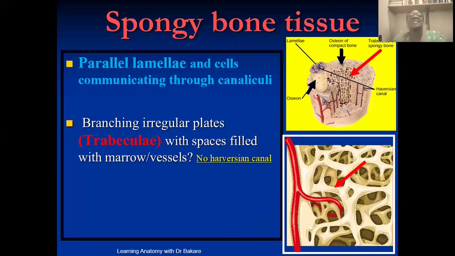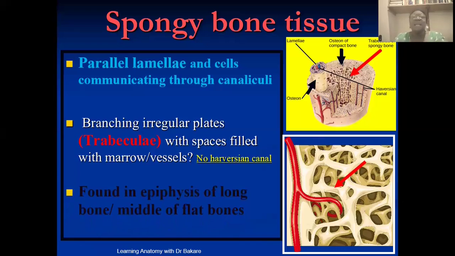These two forms of bone have the same components, but the pattern of their arrangement is what is different, and we've tried to highlight this using this slide. Spongy bone is usually seen in the epiphyses of long bones and also in the middle of flat bones, sandwiched between two layers of compact bone.